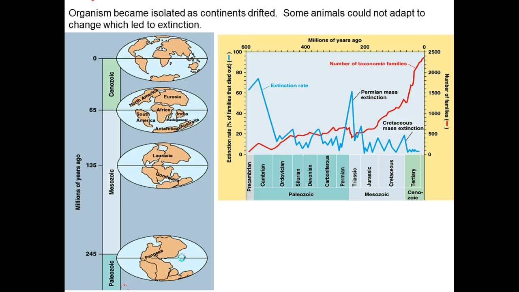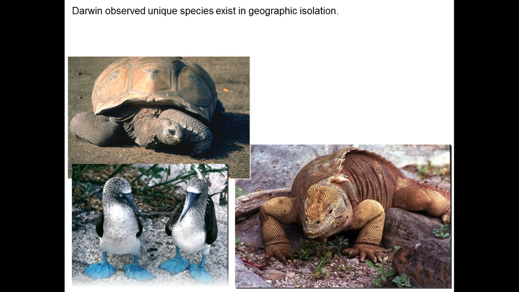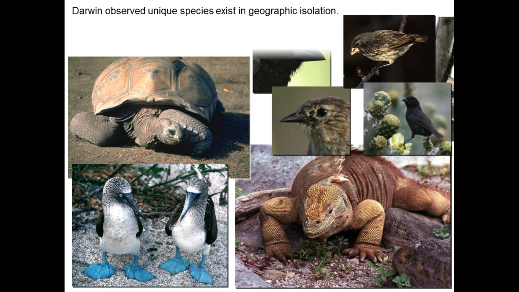Some did, so you see similarities and differences. Or those animals that were isolated on islands like Australia, we would see unique animals. So this is what Darwin observed in unique species in geographic isolations, like we saw in the Galapagos, like the big tortoise, the blue-footed booby birds, and the finches.